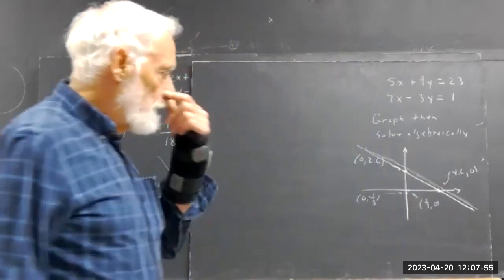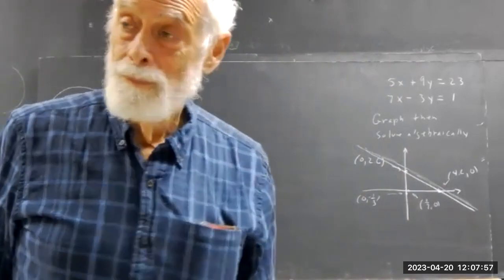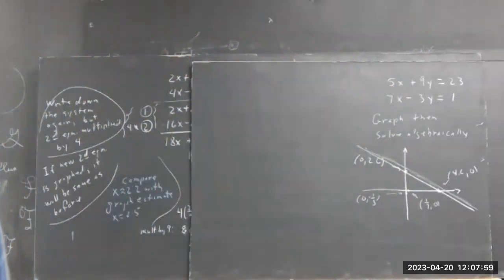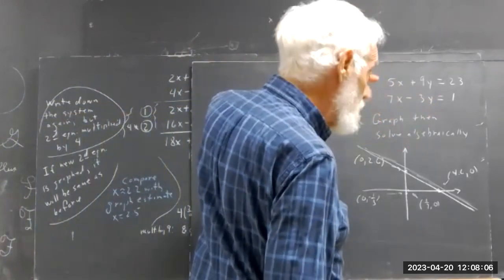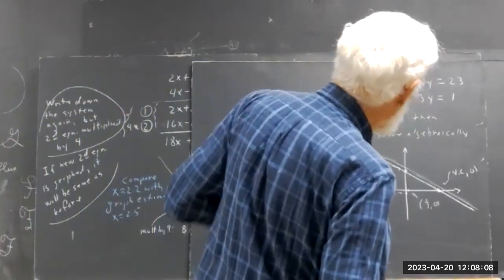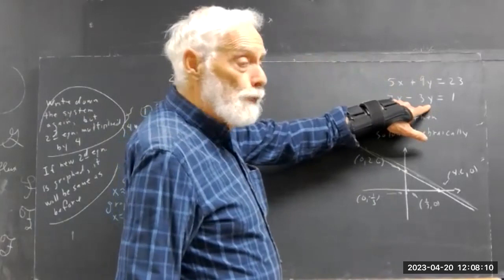Those points are both so close to the origin that we're not going to be likely to get a very good graph unless we think about another way of looking at the equation, which would be solve for y.